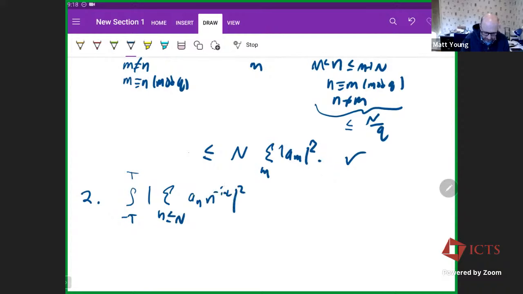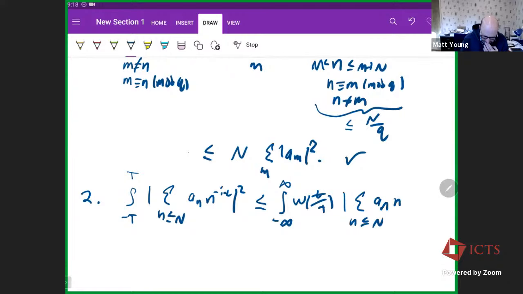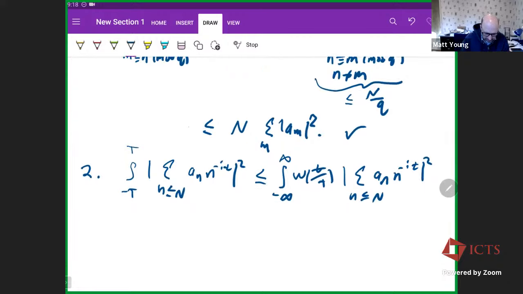So first thing I would do is smooth this out. I'd put on a bump function w. You could choose it to be a Gaussian, or a constant times a Gaussian or something like that. We just need a function that's non-negative.